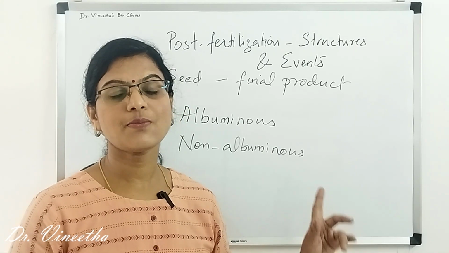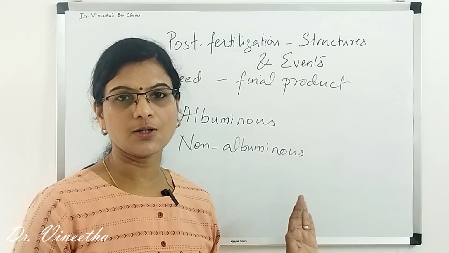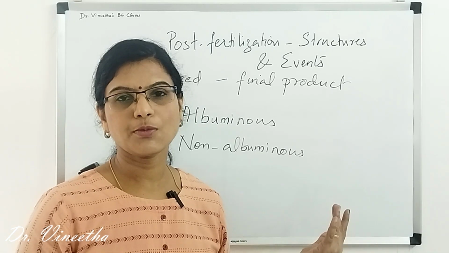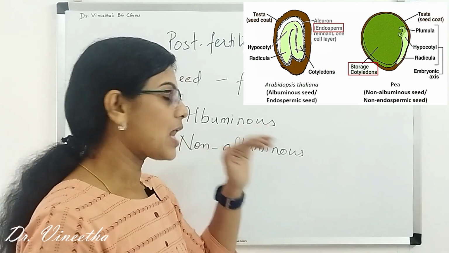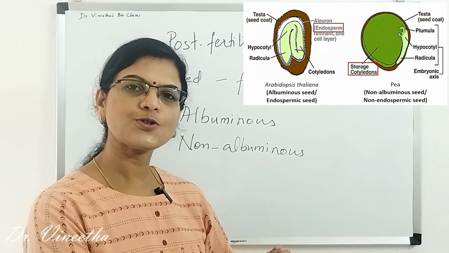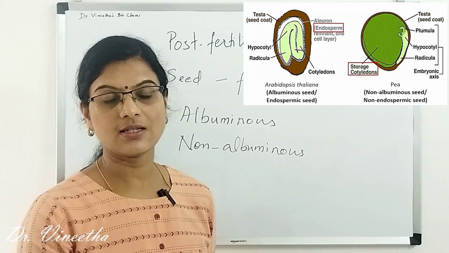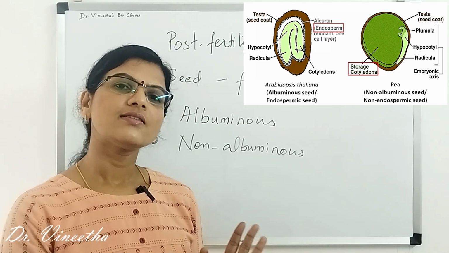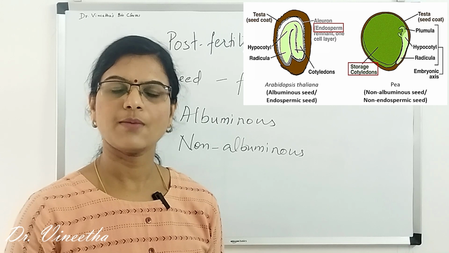We had discussed this in our previous video. The only thing is that the terms albuminous seeds and non-albuminous or ex-albuminous seeds are being introduced now. So the albuminous seeds will have the endosperm retained, and the ex-albuminous seeds won't have the endosperm, because the endosperm will be completely used up during embryo development.